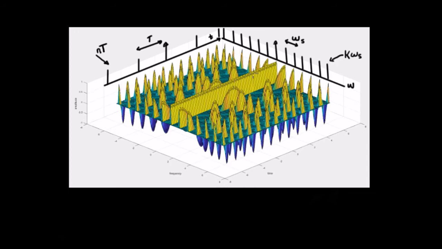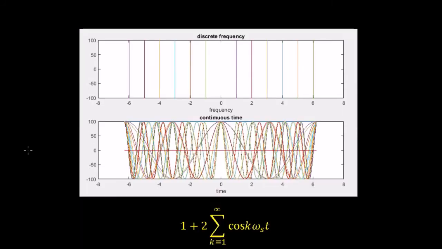So we're going to have 1 plus 2 times the sum of all of these cosines, and the cosines are going to be given by cos k omega s t. So we've got this final function down here. The summation of all these cosines is in effect 1 plus 2 times the sum from k equals 1 to infinity of cos k omega s t.